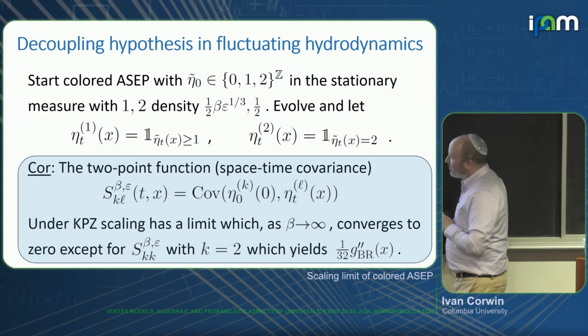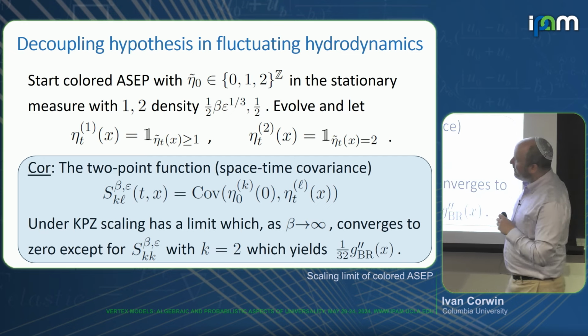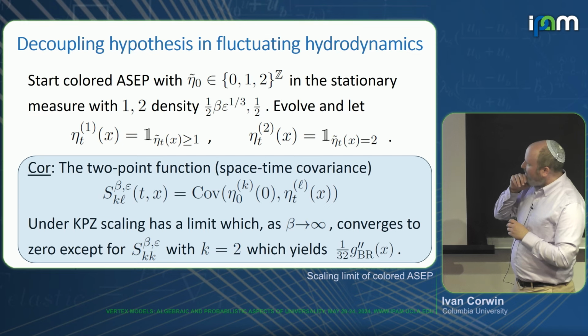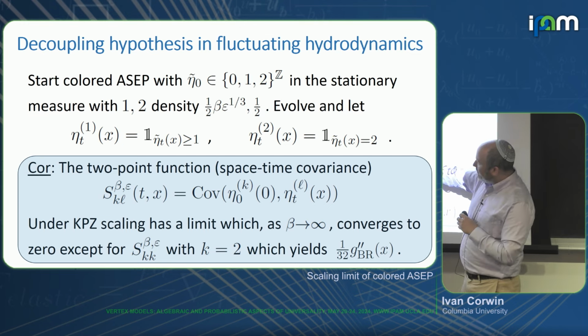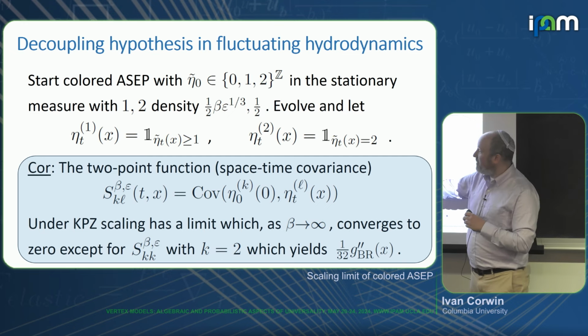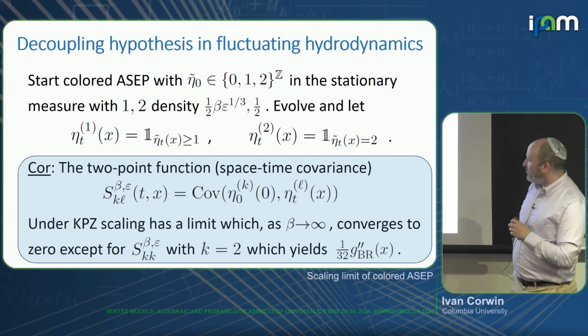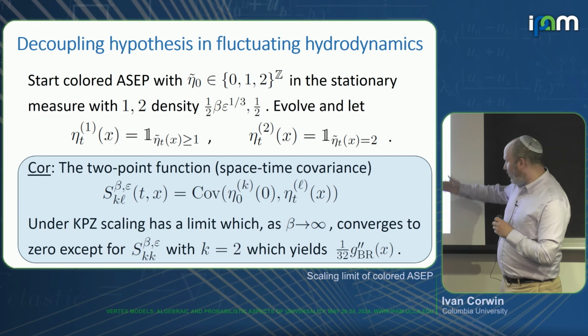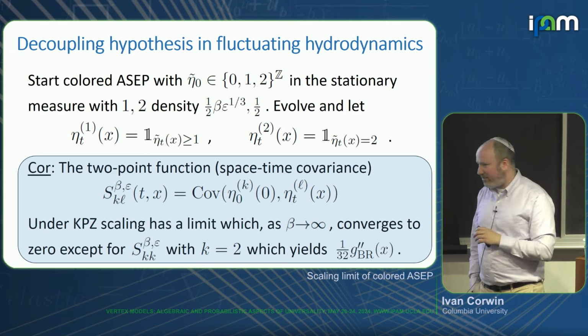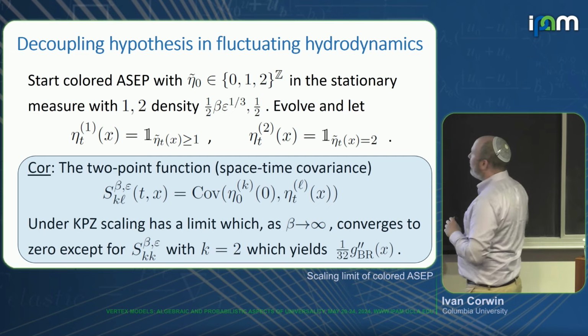So this is a hypothesis about what happens when you start out with coupled initial data of different densities, what happens to the 2-point functions. And indeed, there's a statement that this 2-point function trivializes in all but one direction, and this is exactly verified here.